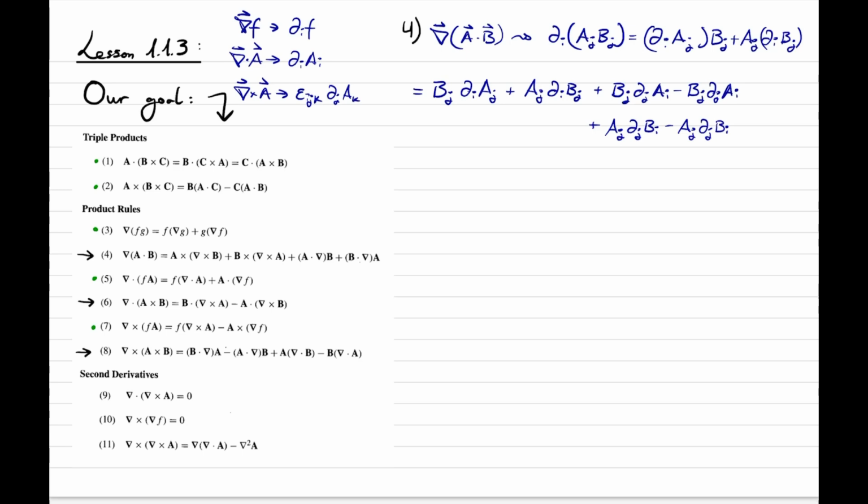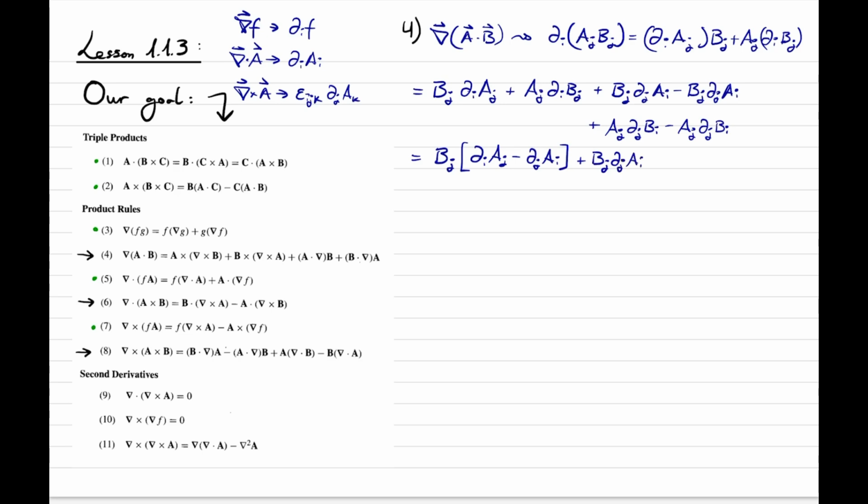Okay, so we are now going to pull some factors out. Okay, we have b_j (del_i a_j minus del_j a_i) plus b_j del_j a_i.